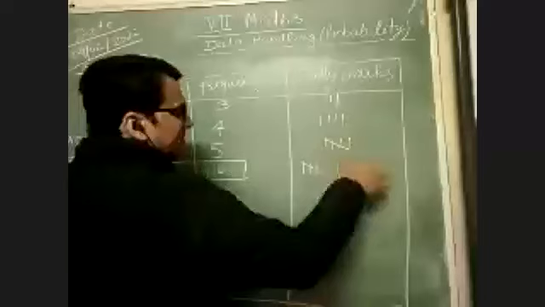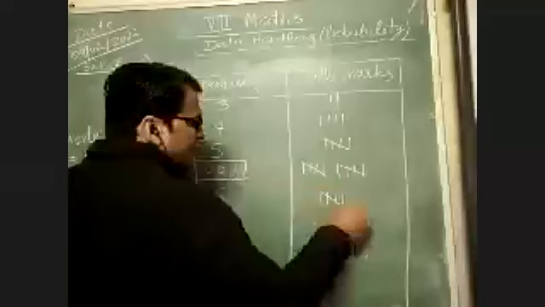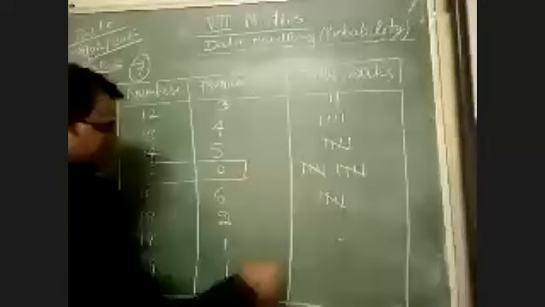For the 6 it is 1, 2, 3, 4, 5, and 6. For the 2, it is 1, 2. For the 1, this is 1 and 1. This is your tally mark for your 7th question.